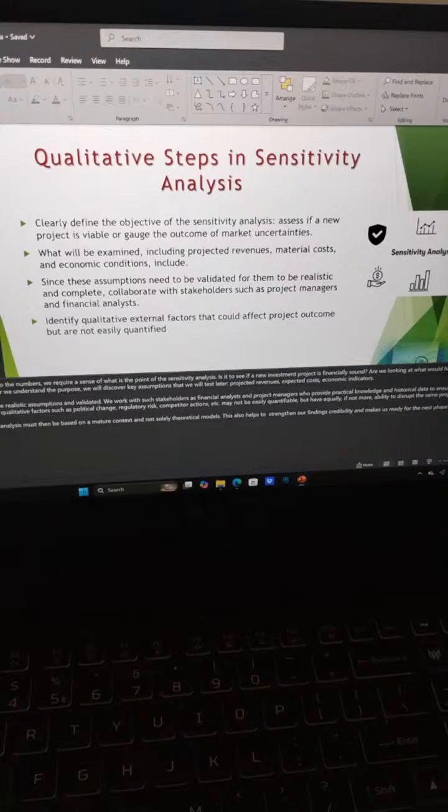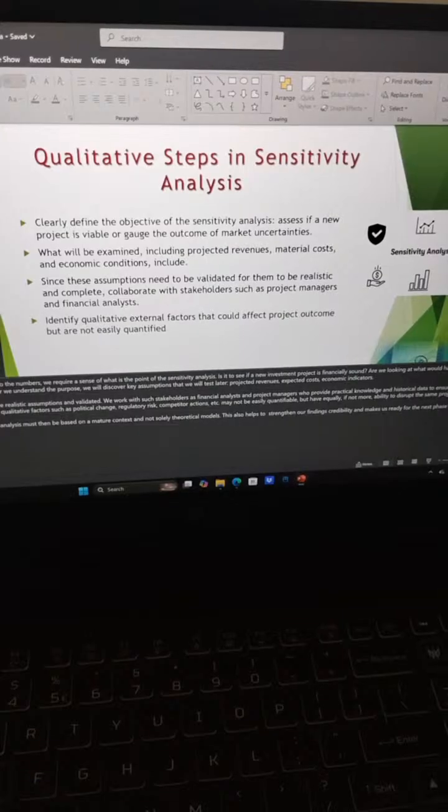What will be examined, including project revenues, material costs, economic conditions, etc. Since these assumptions need to be validated to be realistic and complete, collaborate with stakeholders such as project managers and financial analysts. They also identify qualitative external factors that could affect project outcome but are not easily quantified. Next slide.